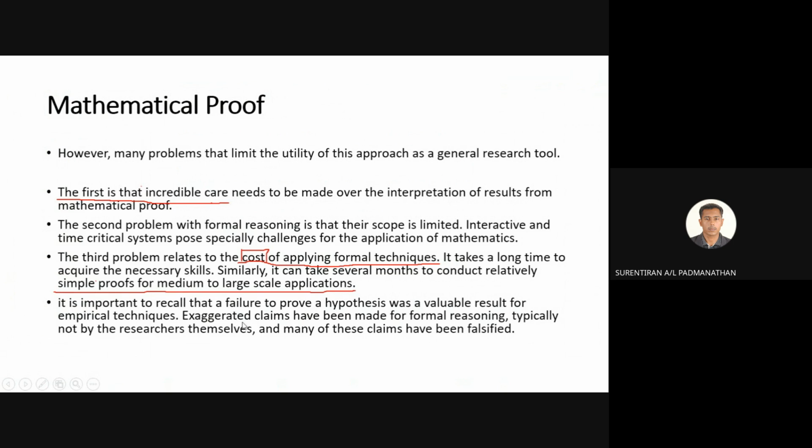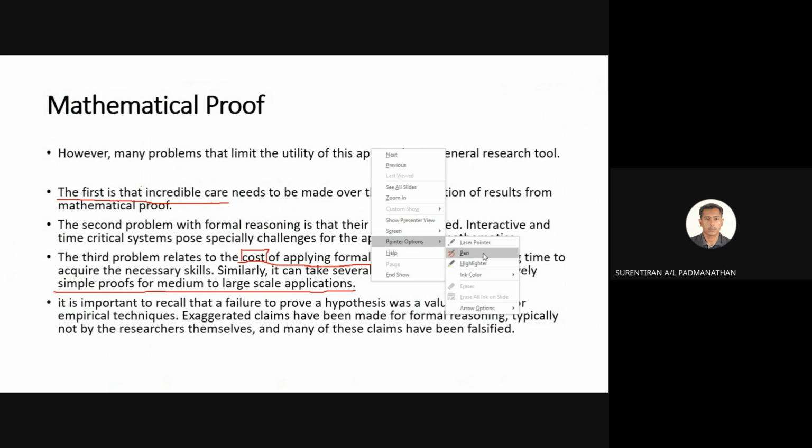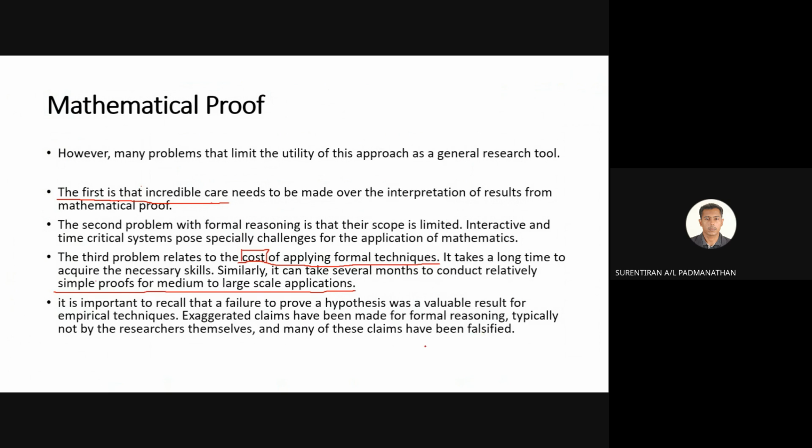So exaggerated claims have been made for formal reasoning, typically not by the researchers themselves, and many of these claims have been falsified. Okay, so you can claim, I can prove this by this formula, but many of these claims have been falsified. They have identified that it's actually not correct.